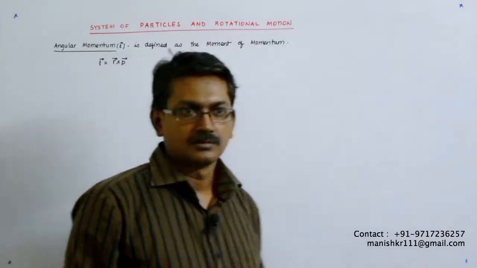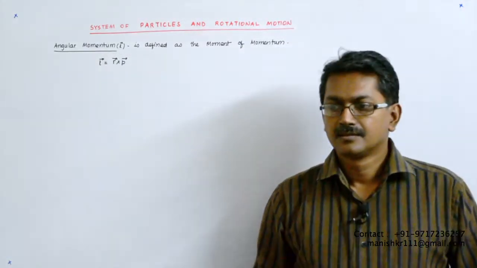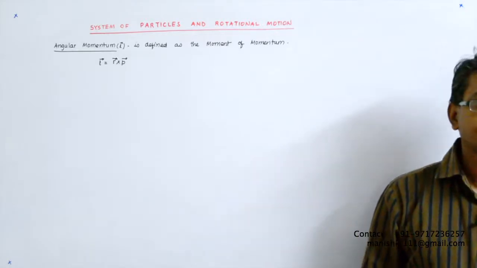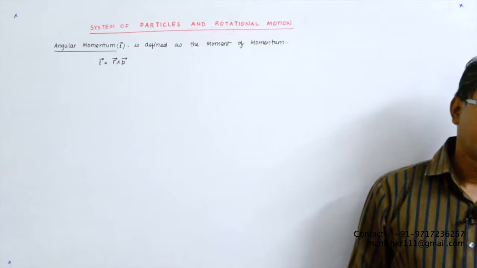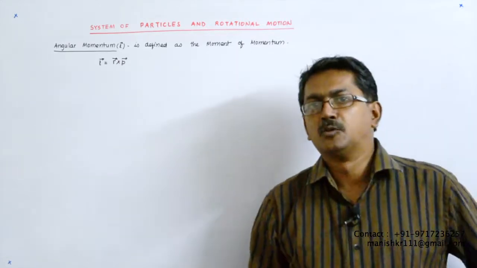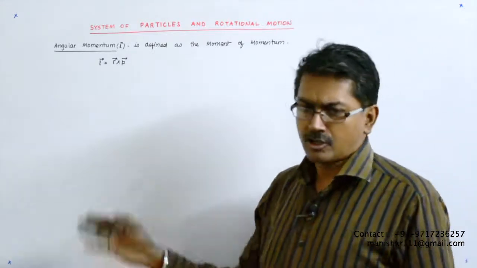You can actually make a poetry out of it. It is moment of momentum, and moment has nothing to do with the moment that you have studied in English, right? So it is r cross p.